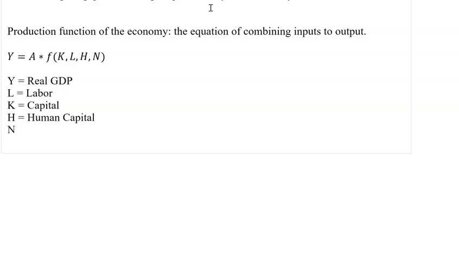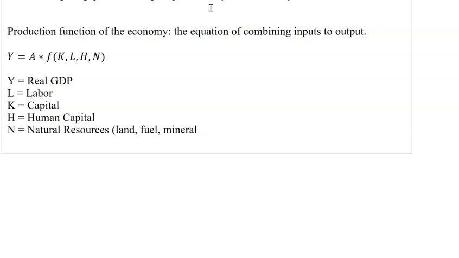Finally, we have N, which is natural resources. So this is some kind of a physical space. We basically get all our output from the land. Natural resources do not include just land. It also includes fuel and minerals that we use. Like in our cell phone, we have different kinds of elements that help us run the cell phone.